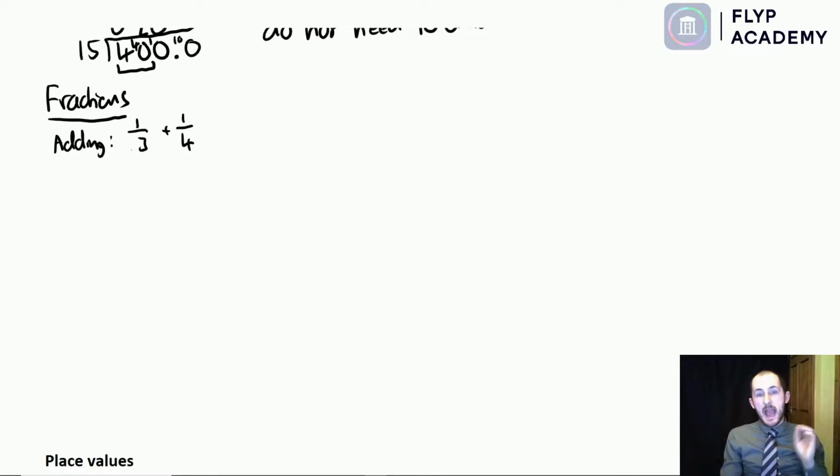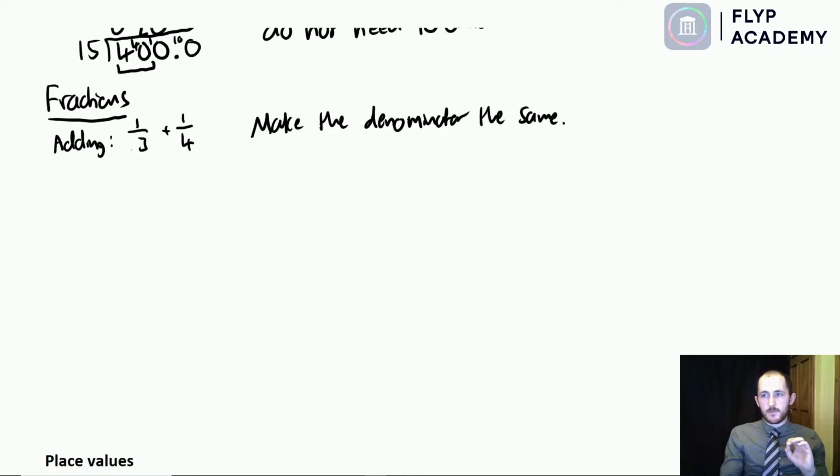We can only add fractions if we make the denominator the same. Okay, so what we need to do is find out what the smallest number we can make 3 and 4 into. Well, in the 3 and 4 times table, the smallest number that appears is 12.